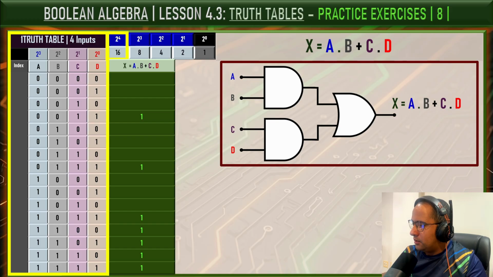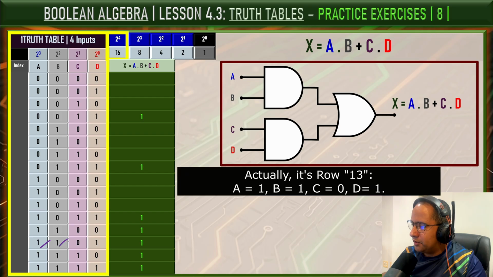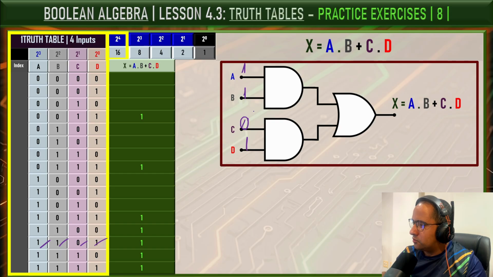For example, row 12. So we have these input combinations: 1 to the variable A, 1 to the variable B, 0 to the variable C, and 1 to the variable D. So the combination 1 and 1 results in an output 1, and the combination 0 and 1 results in an output 0.